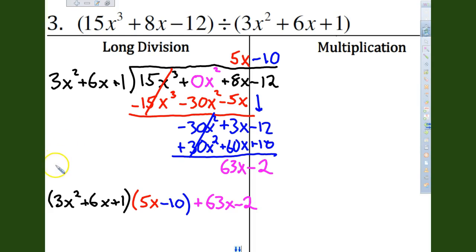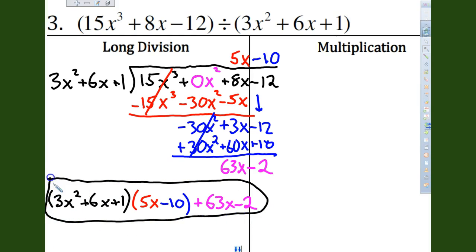But if you were not to do the check, this would be the answer you would stop with right here. Okay. So on this one was the dividend that skipped one of the exponents. So we had to insert that in.